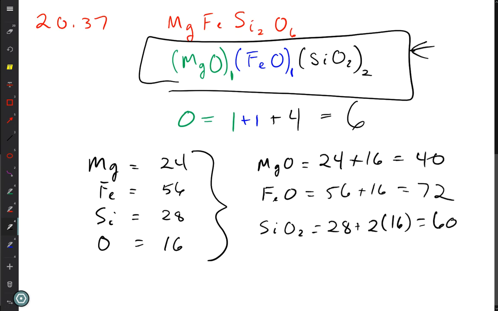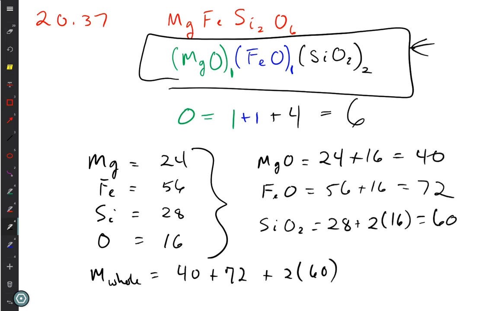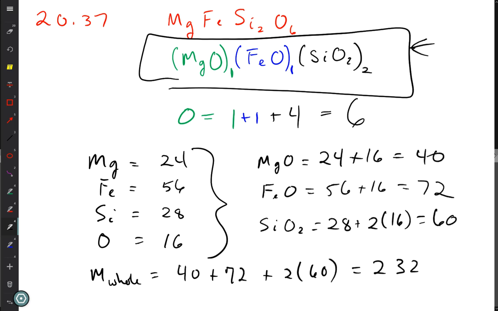So now if I calculate the mass of the whole, it is equal to 40 plus 72 plus 2 times 60. There's where the 2 is you were looking for. And so that's, if we add them up, 232.